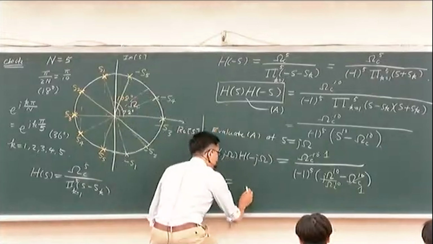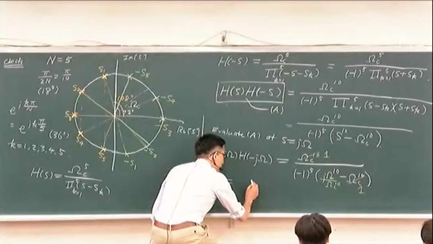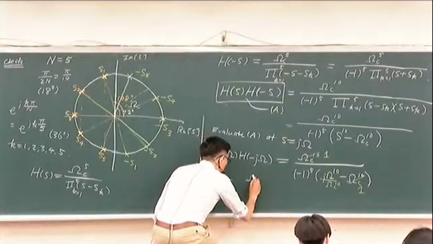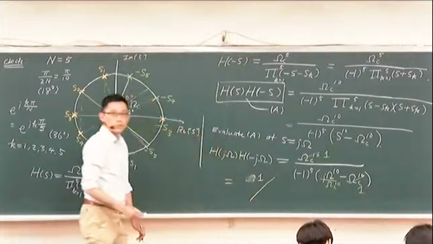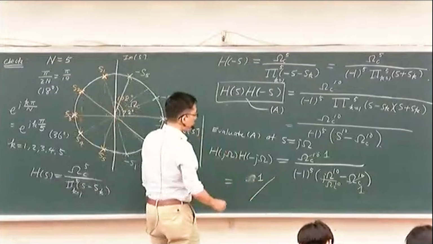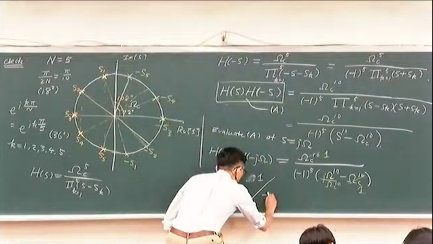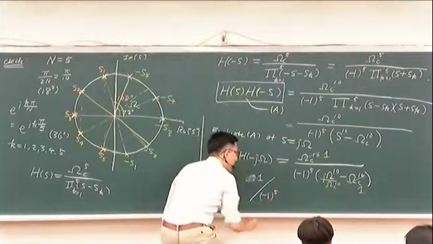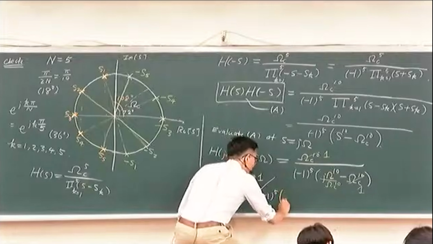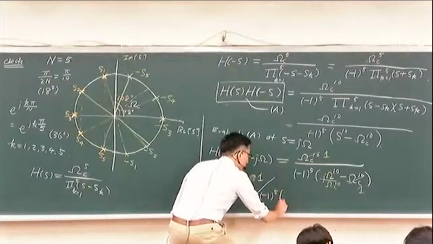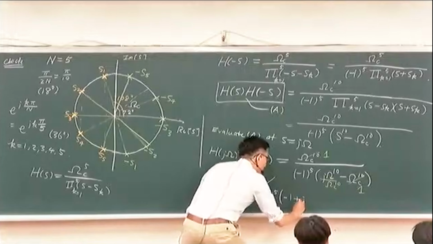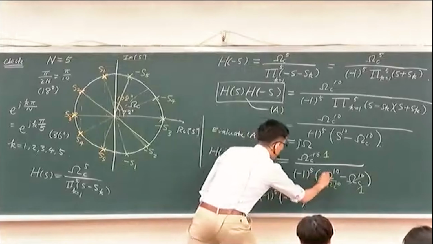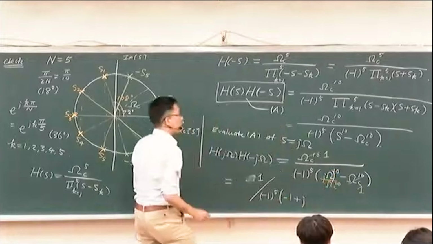So on top, now we have 1. At the bottom, what do we have? At the bottom, we have minus 1 to the 5th power and minus 1 plus j. I'm sorry, this is actually j omega, like that, okay?